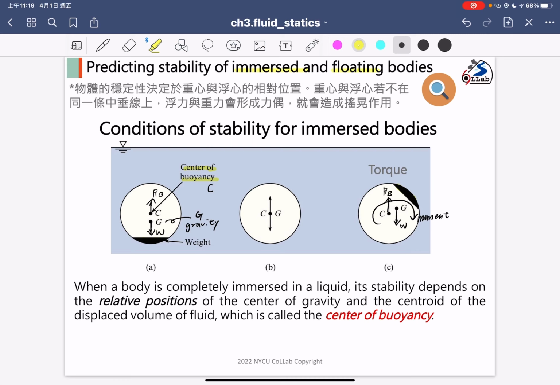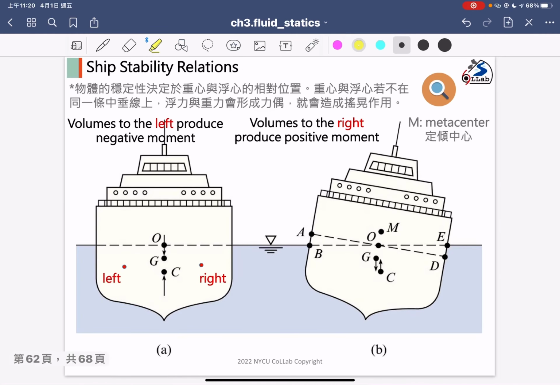So the idea is how can we figure out the body's stability just based on the C and G locations. This is a general condition, but we focus on the target, which is the ship. This is a very famous problem. If we have a ship and we design the ship structure, how can we determine whether the ship is stable or not? For this problem, I divide the ship into a right-hand part and a left-hand part.